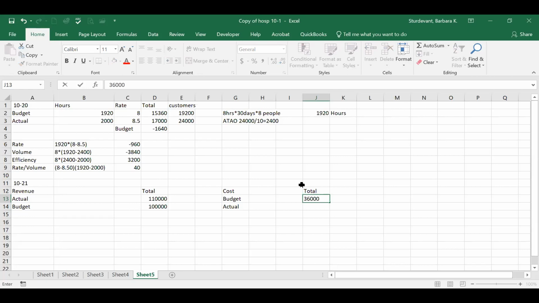So actual food revenue. And then the actual food costs were 40,800.